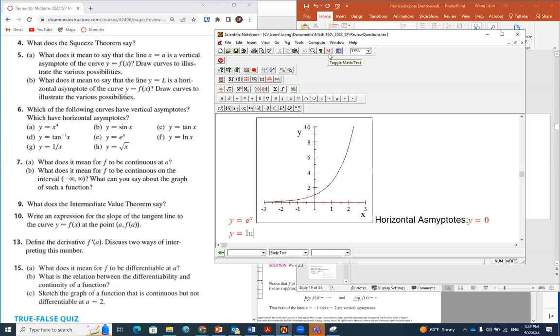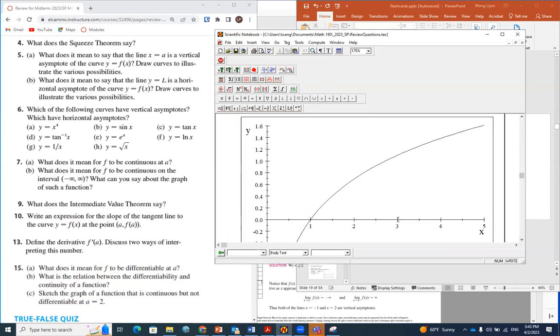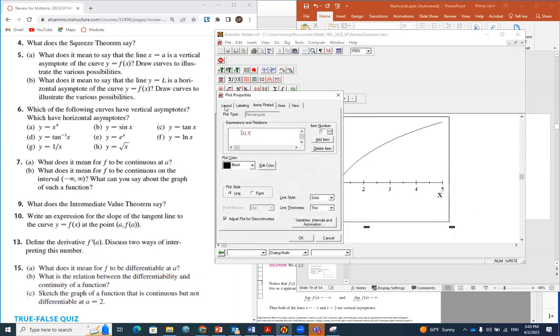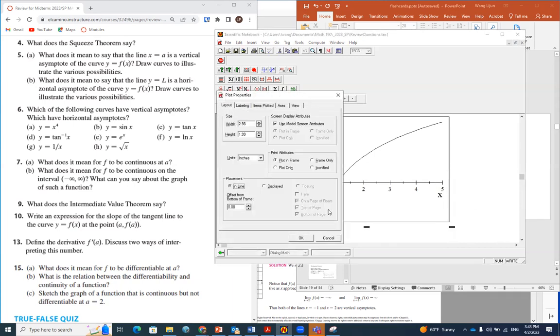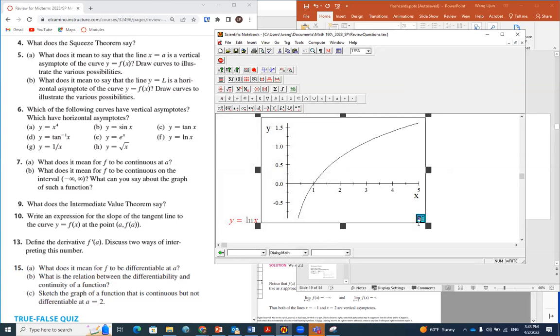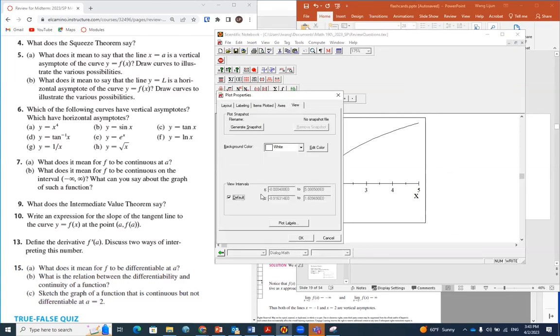Okay, ln x, y equals ln x. ln x has a vertical asymptote. This is the curve of ln x. If you want to review more about it, I have a lesson in week 1. Okay, just look for those titles.